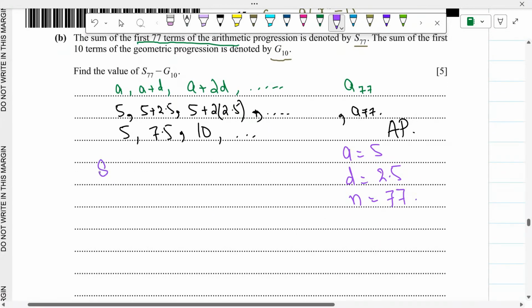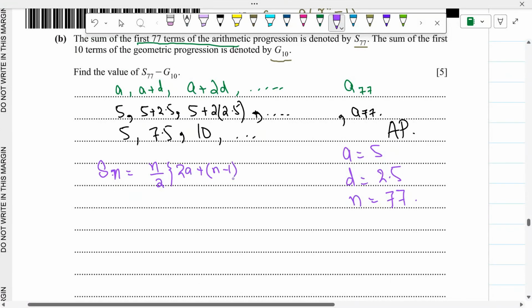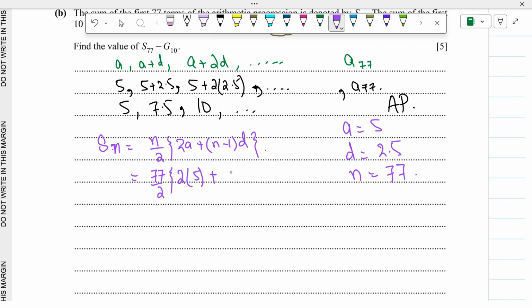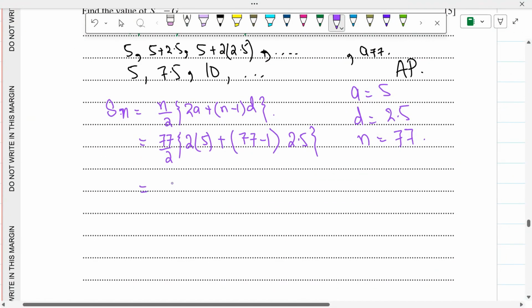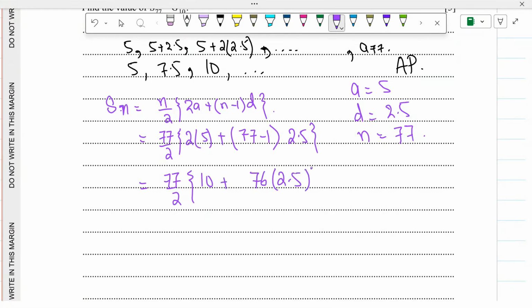So we can use the formula Sn is equal to n over 2, in bracket 2a plus (n minus 1) times d, where n is equal to 77. So we plug in 77 over 2, in bracket 2 times a, which is 5, plus n minus 1, which means 77 minus 1, times d, which is 2.5. So we will have 77 over 2, in bracket 10 plus 76 times 2.5.